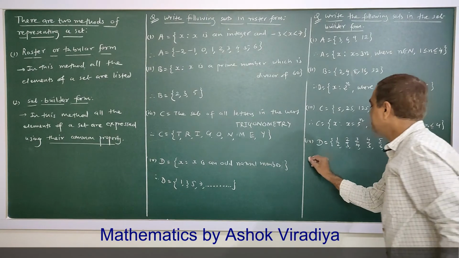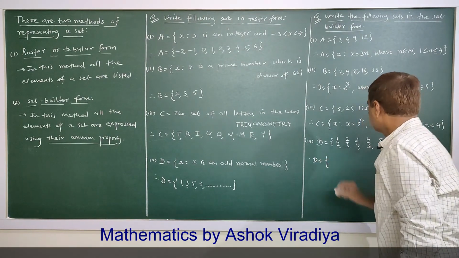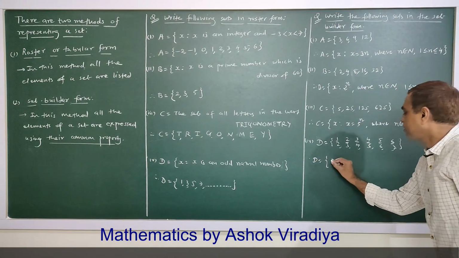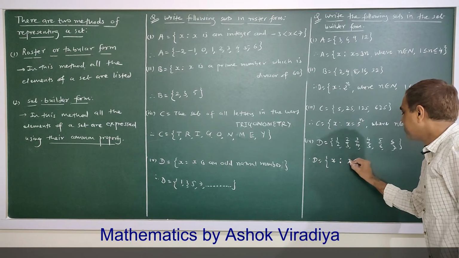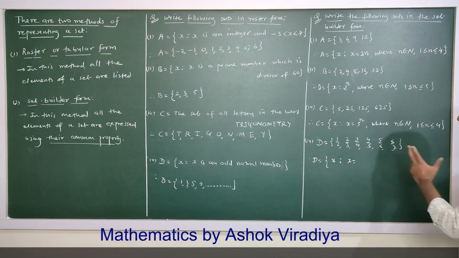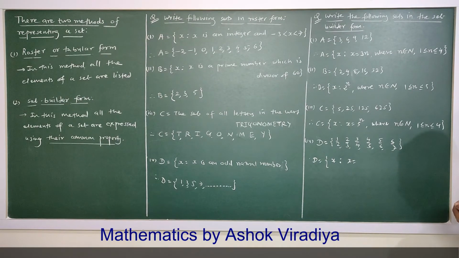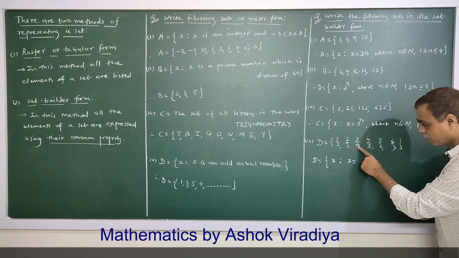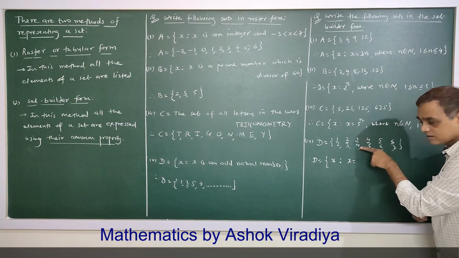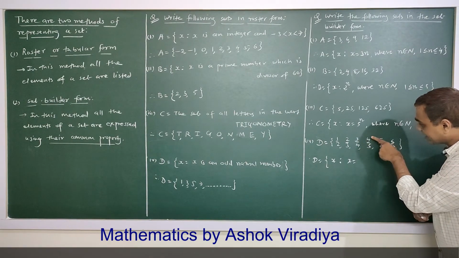Then here D is the set of all x such that x equals... now we express the common property. You can see that the denominator is 1 more than the numerator.